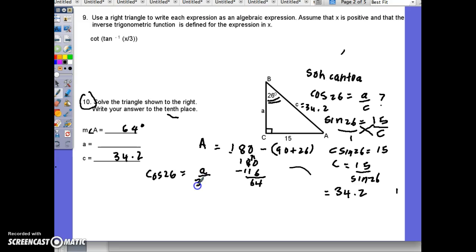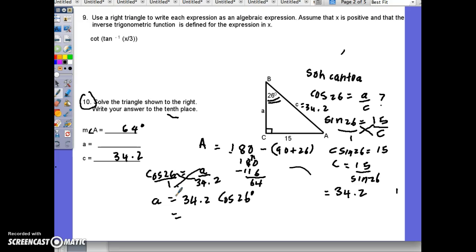We just found it as 34.2. So when we do the cross multiplication, it's a little bit easier because A times 1 is A, and that is going to be equal to 34.2 times the cosine of 26.